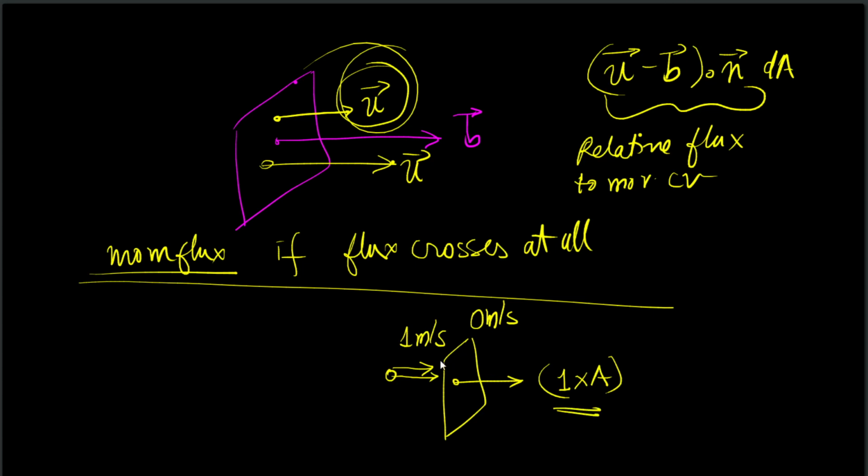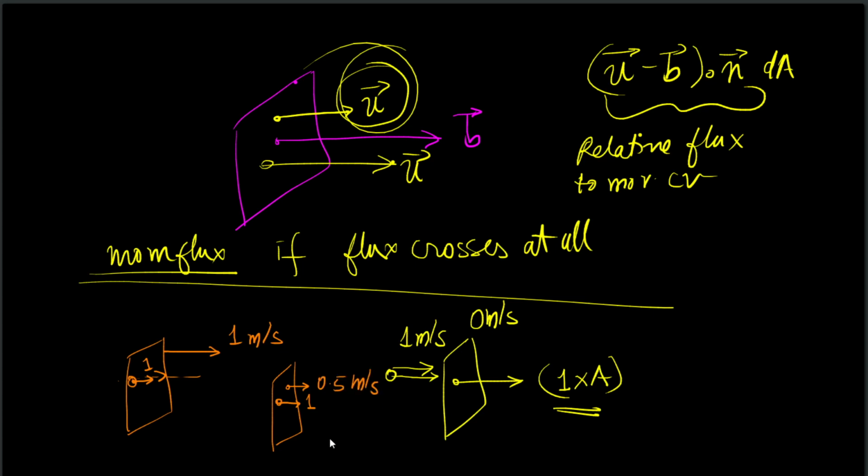Now let me take another case where this particle is just about to cross the surface, but now the surface itself is moving with 1 meter per second. So the particle moves with 1 meter per second and the surface itself is moving with 1 meter per second. So that particle is never able to cross. So there is no flux. Now consider the case where the particle is moving with 1 meter per second, but the surface is moving with 0.5 meter per second.